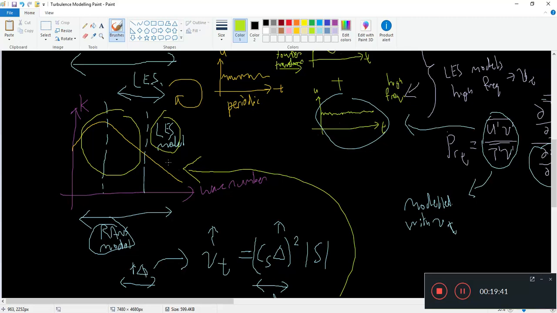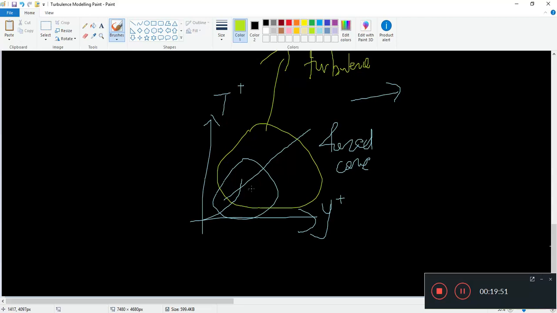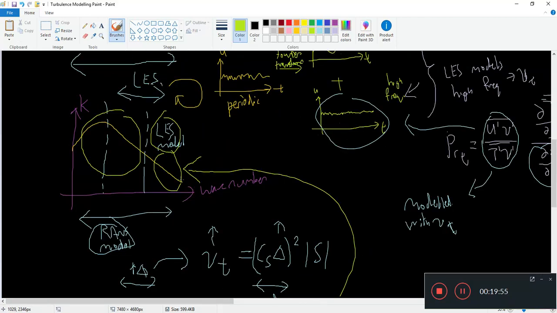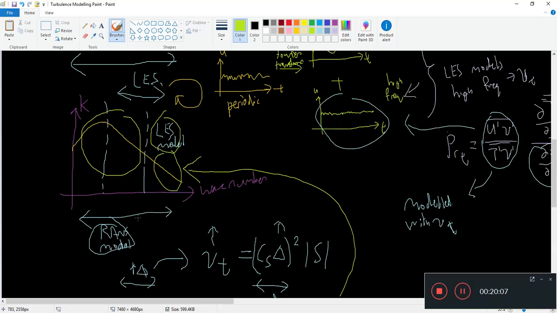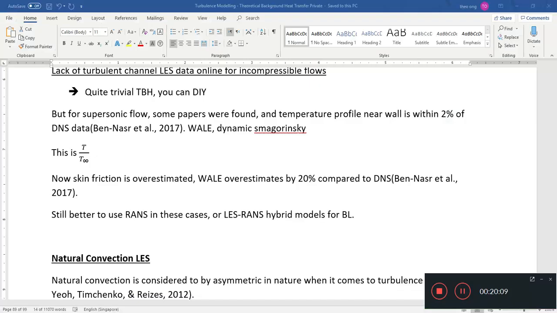You have most of it in the small regime, and most of it will have to be modeled with LES. And LES modeling of this small turbulence near the wall may not be accurate because LES by and large assumes that the turbulence is isotropic, and so on. That may not be true near the wall, where the turbulence may be structured in a certain fashion. So it's not as good for modeling near the wall.